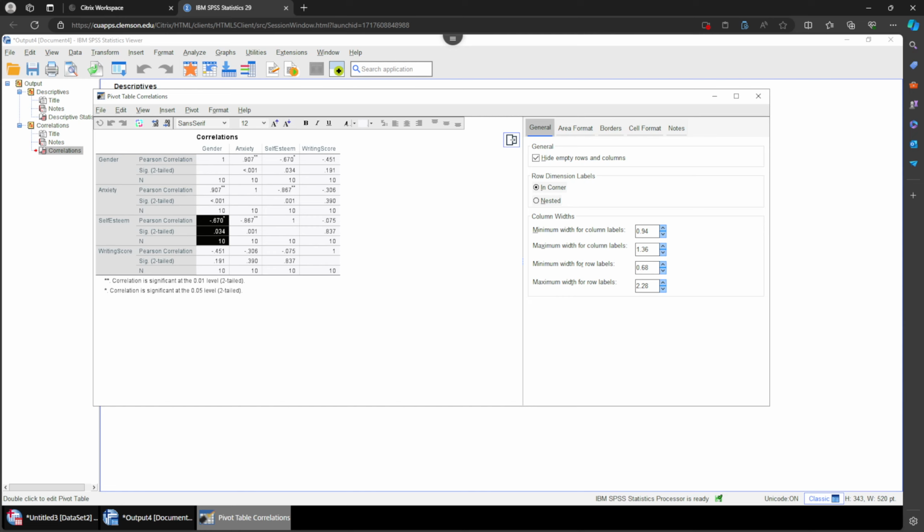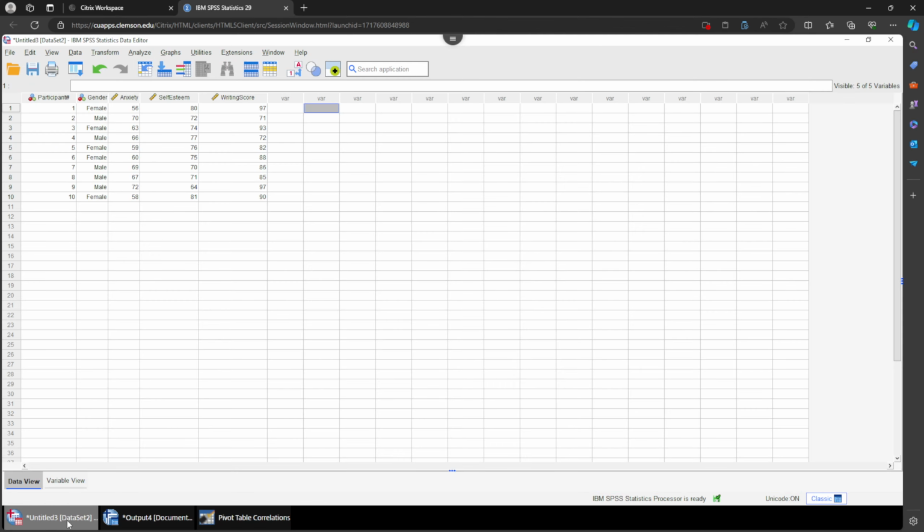That's a little bit tricky to interpret because of the way our gender variable works. So what we need to do to interpret this, or to identify the direction of this hypothesis, is to identify what values we used when we coded for gender. If we come back to our data sheet, remember we have gender coded as numeric variables, either as a 0 or a 1.